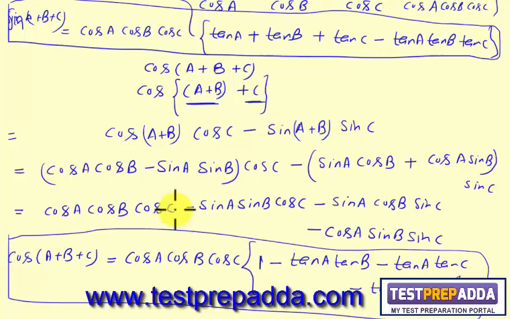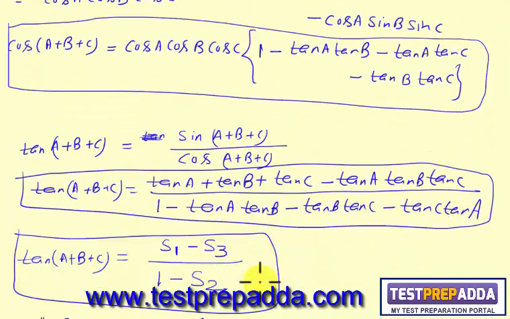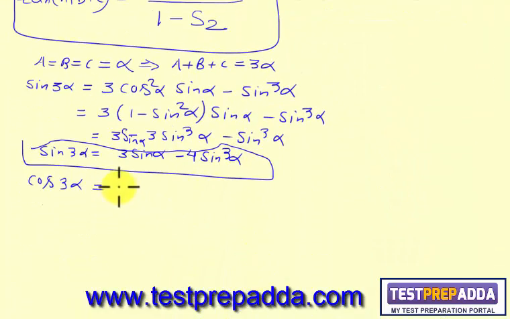So it becomes cos cube alpha. Here sin square alpha cos alpha, here also sin square alpha cos alpha, here also sin square alpha cos alpha. So in the cos 3 alpha, it becomes cos cube alpha minus 3 sin square alpha cos alpha.